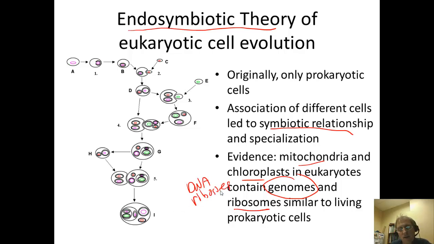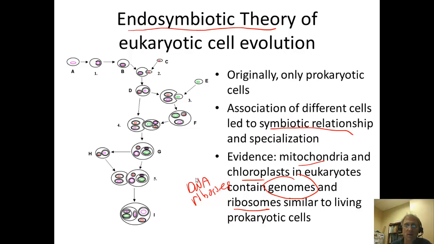And the other kicker with this is that the ribosomes that we find in mitochondria and chloroplasts don't resemble the ribosomes that we find in the rest of the eukaryotic cell, the large ribosomes of eukaryotic cells. They very closely resemble the smaller ribosomes that we find in prokaryotic cells today.